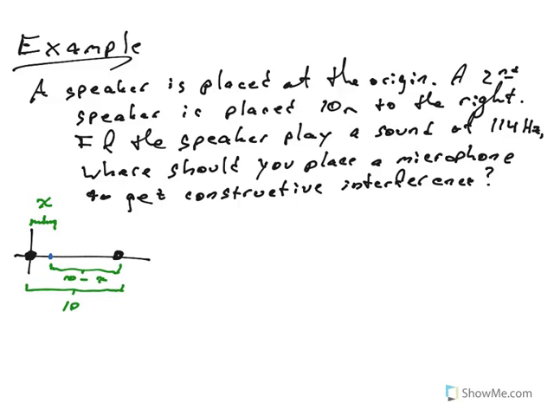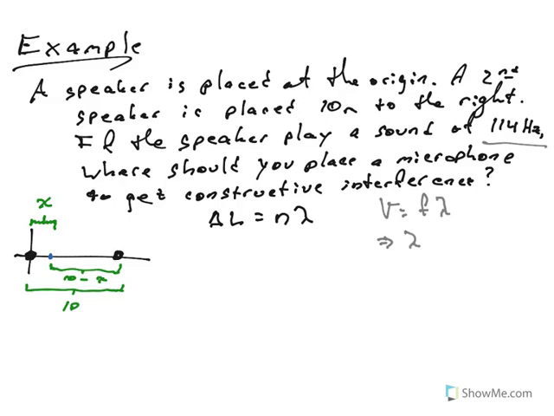And now if we're going to do constructive interference, our equation is that the difference in path length from the left speaker to the right speaker must be some multiple of the wavelength. So in order to do this, first thing I need to know is what is the wavelength of the sound for this particular problem. Well, I know the frequency of the sound is 114 hertz. And I know the equation v, the velocity of a wave, is the frequency times the wavelength.